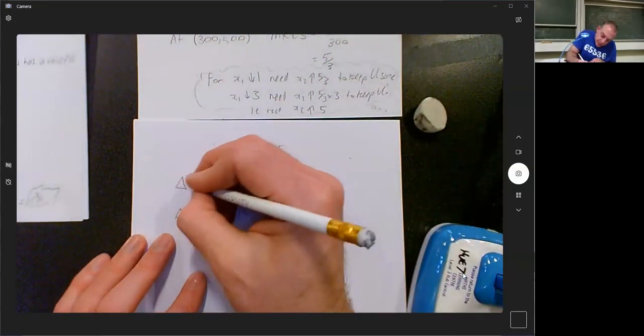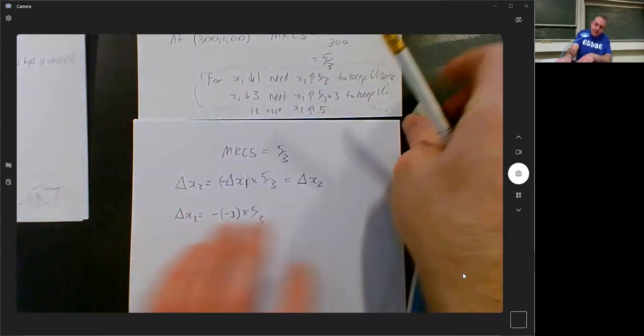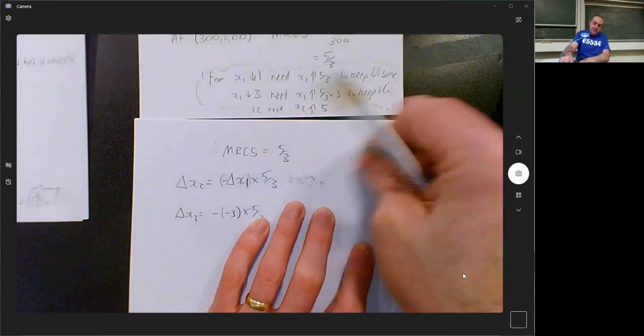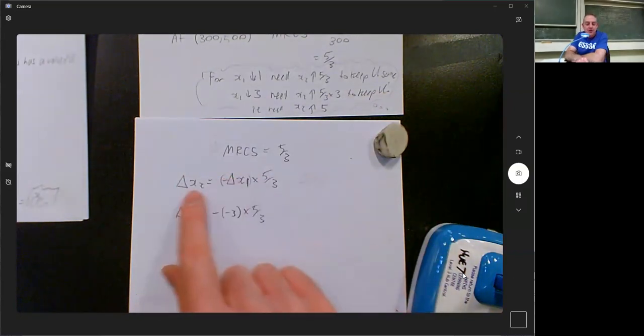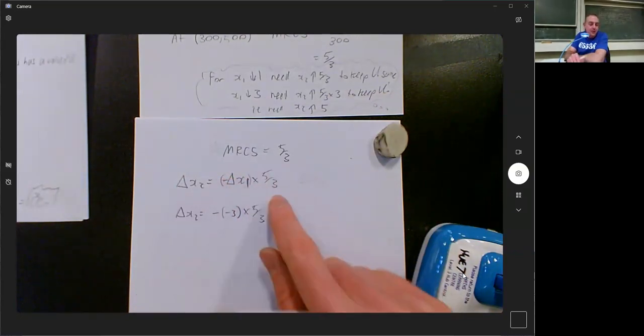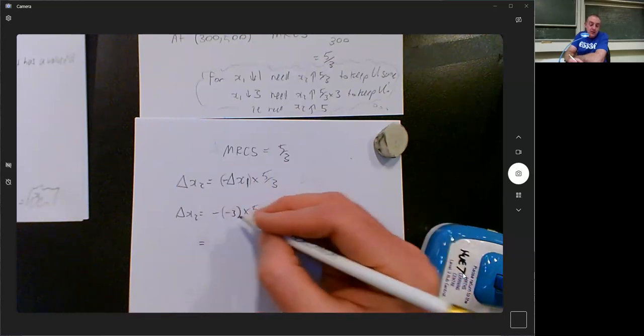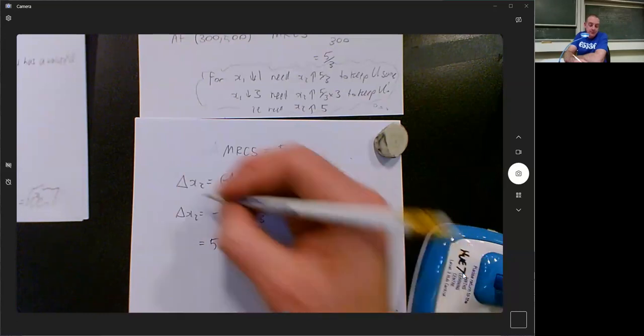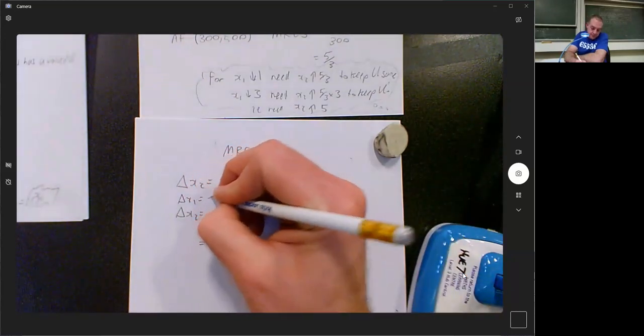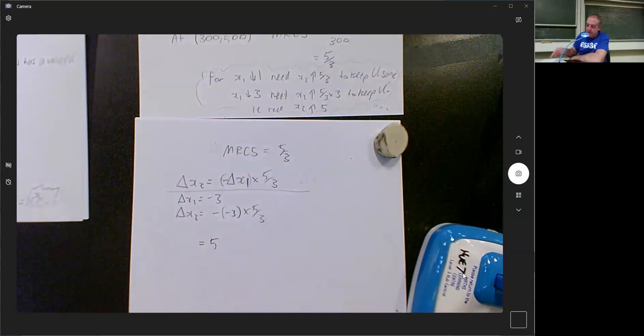So that's what the marginal rate of substitution says, that if you change the x1 by this much, the x2 changes by 5/3 times as much. And so minus 3 is plus 3, and plus 3 times 5/3 is 5. Right, that's the calculation that's on the notes here.